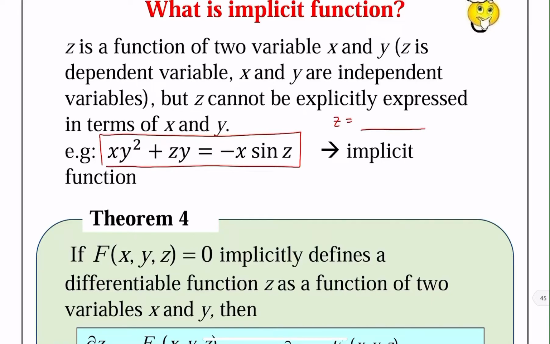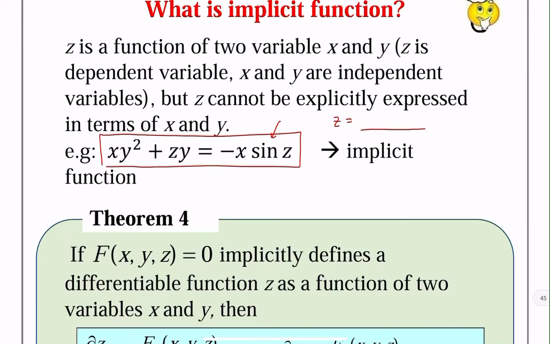Why? Because z cannot be separated from this equation. Z is inside the sine here, so we cannot modify it until we get z equal to the independent variables. So we call this equation an implicit function.